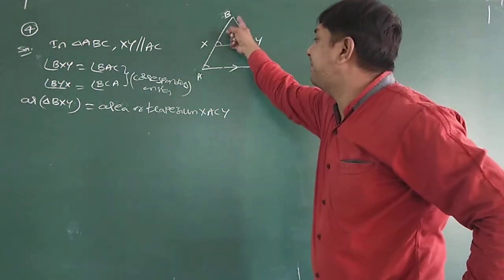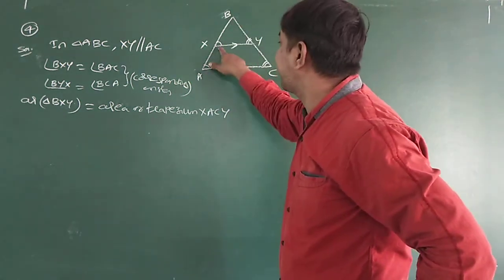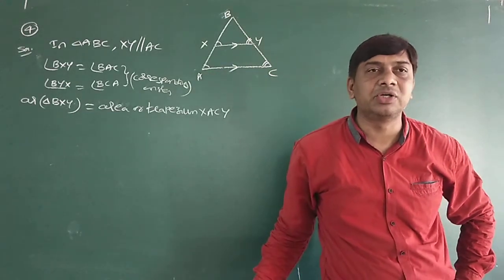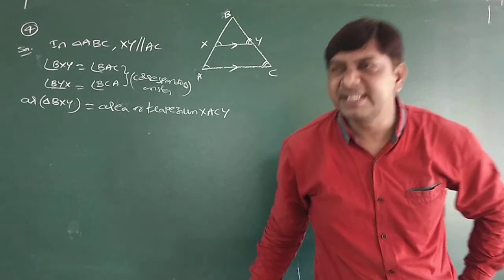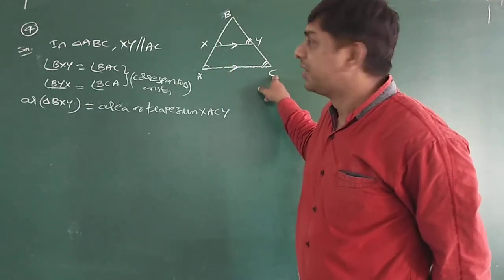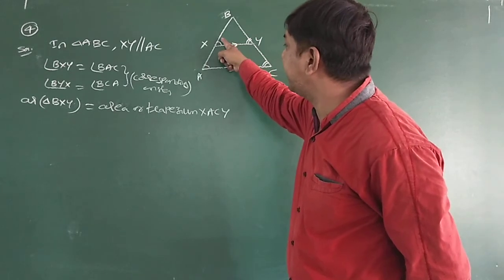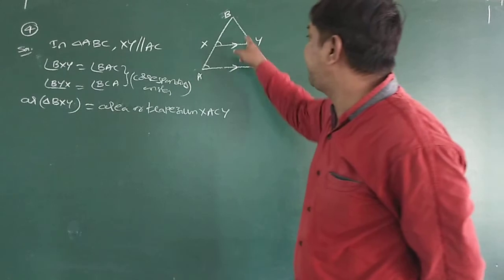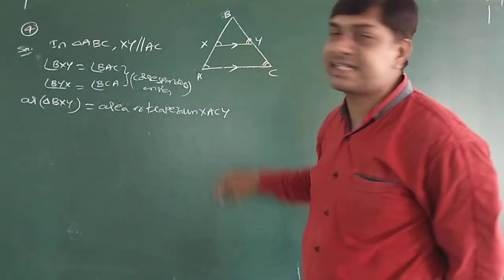In triangle ABC, XY is parallel to AC. Since XY is parallel to AC, by the parallel property, angle BXY is equal to angle BAC, and angle BYX is equal to angle BCA.